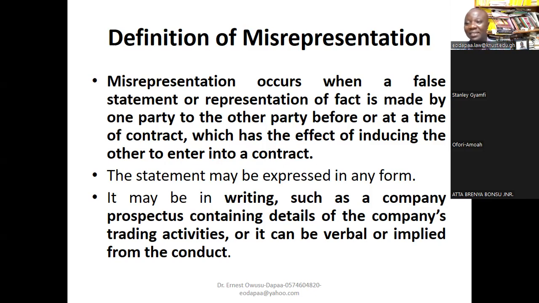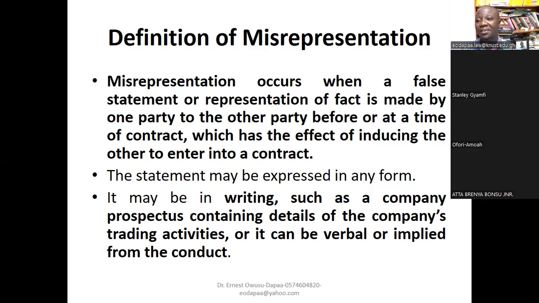But we are not talking about just that, we're talking about the falsity of it. So that statement or that representation of fact is false, is not true. Good. So if you like, the person who makes that representation can be called the representer, or the misrepresenter, as it were.